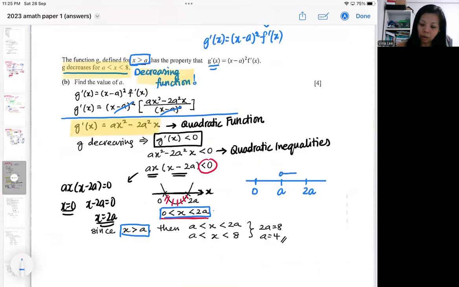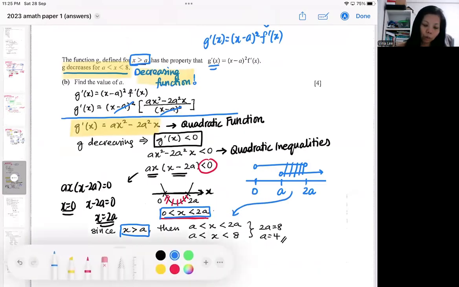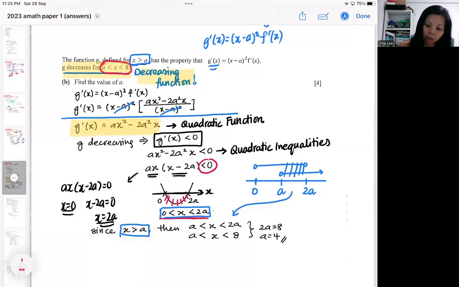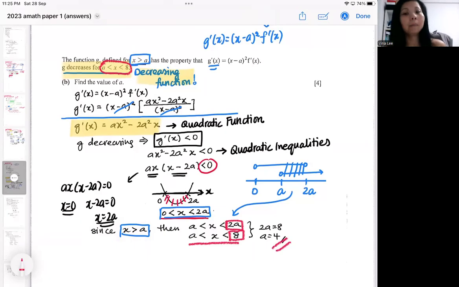So x greater than a, and then between 0 to 2a, the intersection part would have given you this. And if the intersection part has given you this, you compare with what the question is giving you. The question defined it as a to 8. So if you do the comparison, you can see that 2a is equal to 8. So that's how we get the value of a.